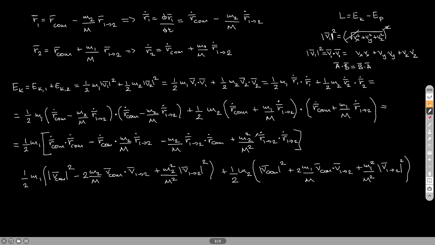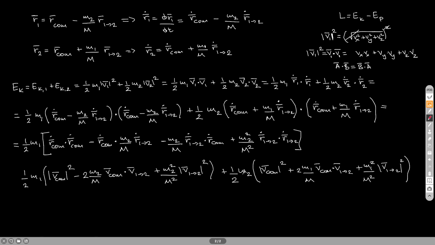Alright, so after all of this work, I can see that here I have essentially 1/2 m1 2 m2 of the dot product between those two vectors.